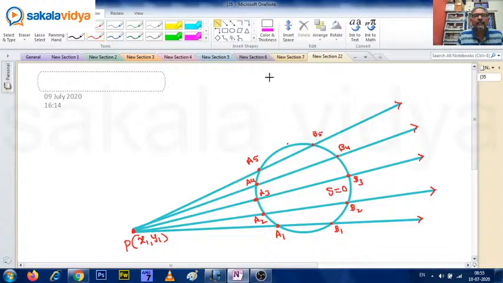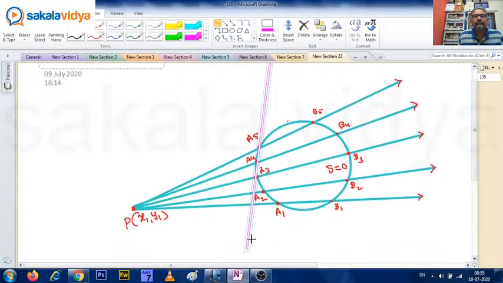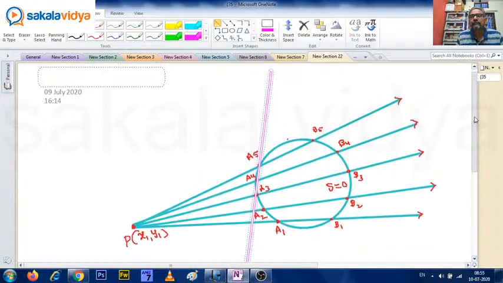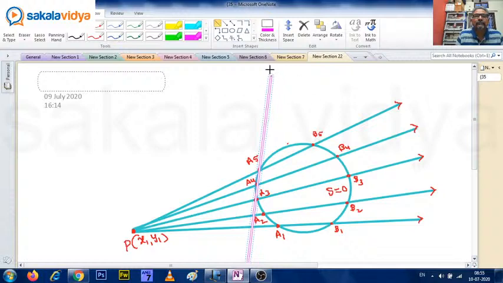So you draw the tangent like this at this point. You draw one more tangent like this.